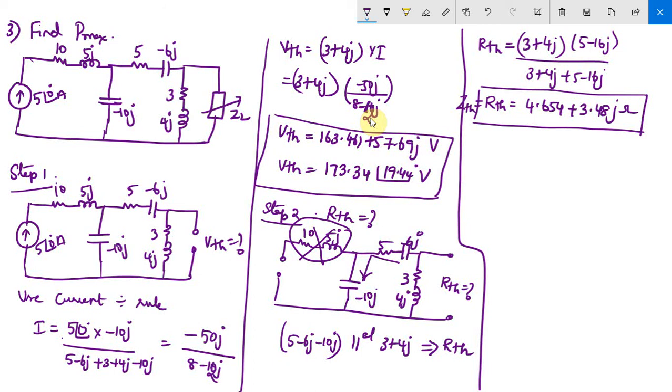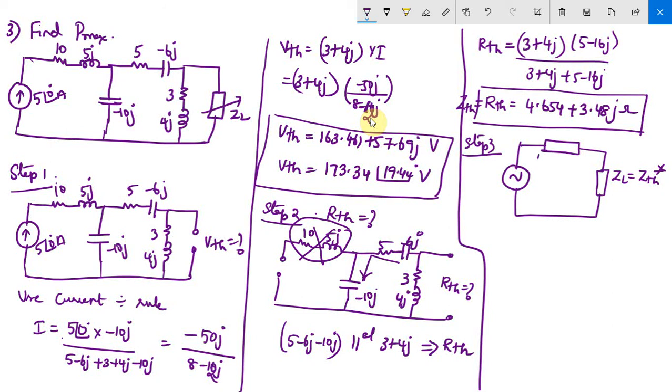Now draw its equivalent circuit, that is step 3, right? In the equivalent circuit we have VTH connected to the Thevenin's impedance, then connected to the load impedance. Since it is AC, ZL is equal to ZTH star, the complex conjugate of the Thevenin's impedance, right?